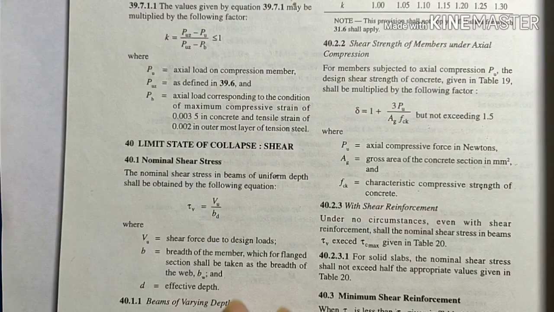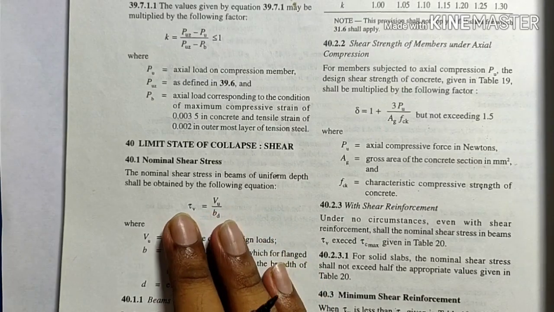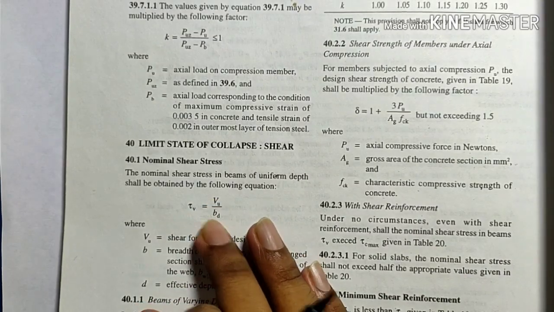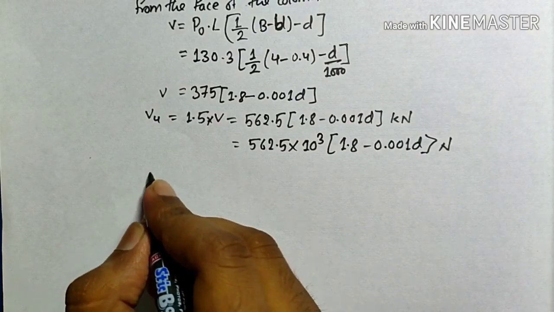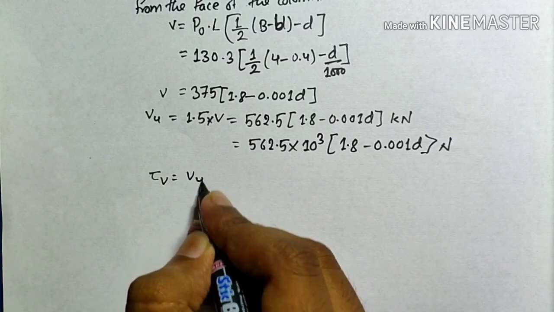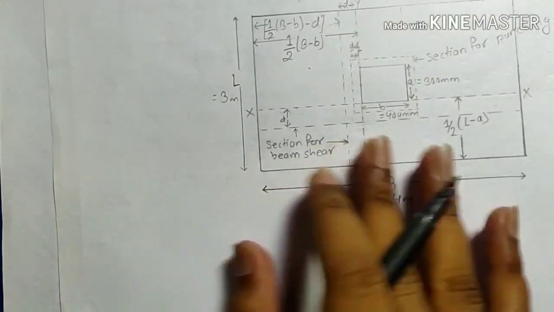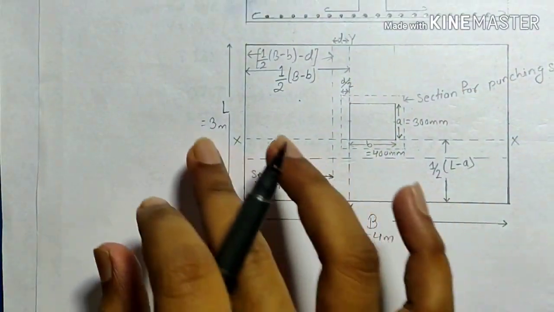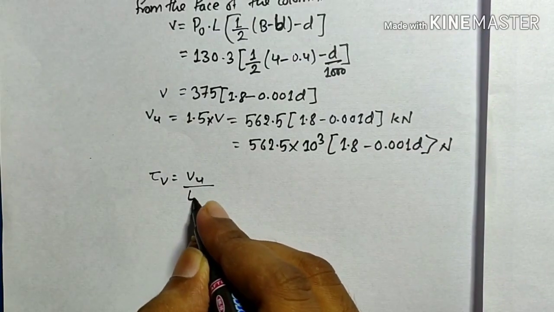In the code IS 456 we have a separate provision for the shear stress, that is tau v equals Vu by bd. So let's find tau v now. As per the code IS 456, tau v equals Vu upon bd, but the span corresponding to the y-axis is L. So here we will take L into d.